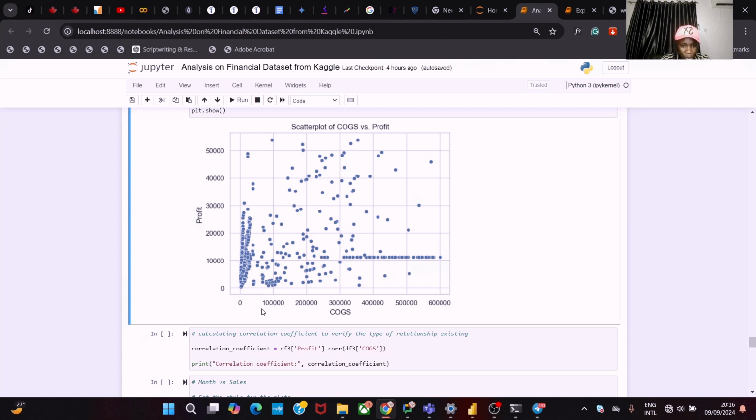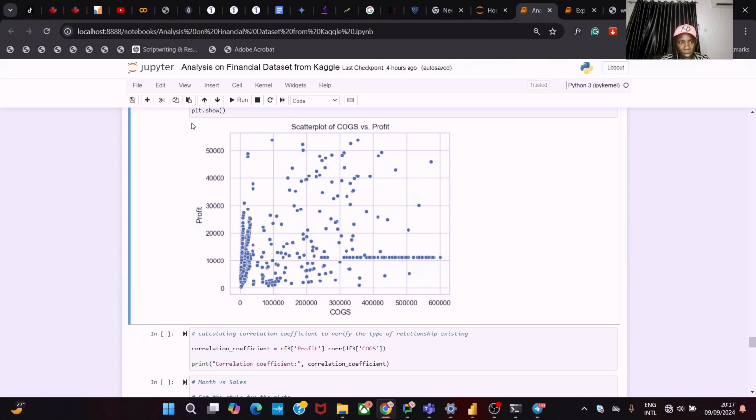For example, when you look at cost of goods sold below 100,000, you will see that there is a very high profit margin, up to over 50,000. But when you look at the cost of goods sold of about 10,000, there is a high profit margin, but the profit margin increases little by little, as you can see, up to 50,000.